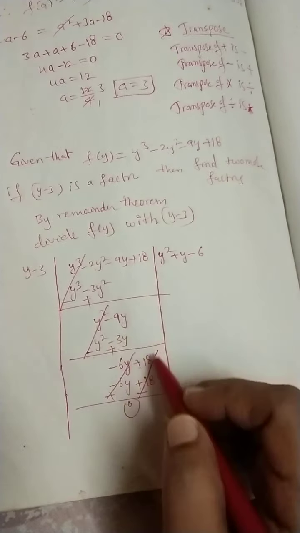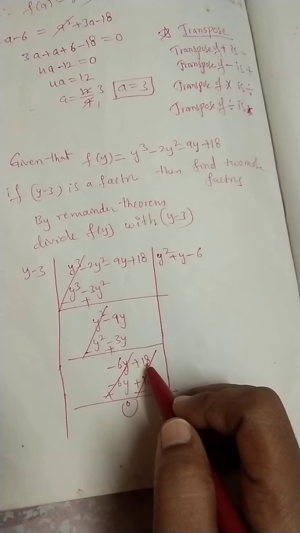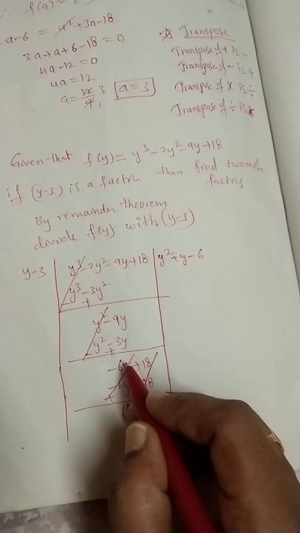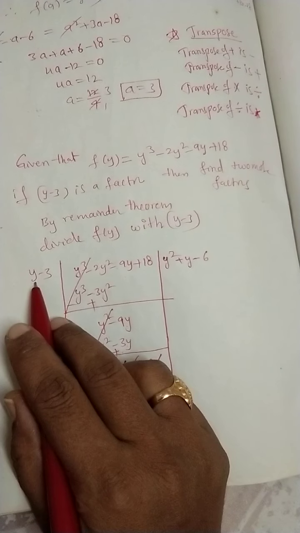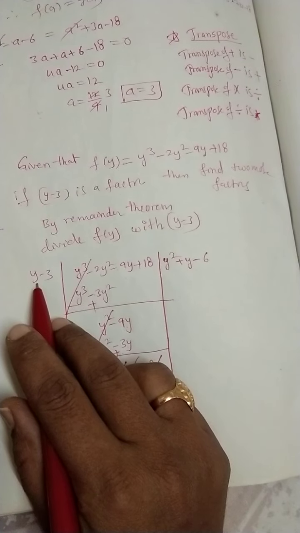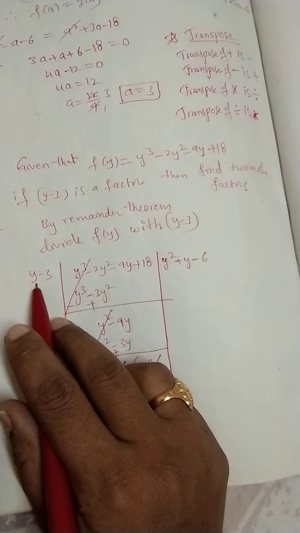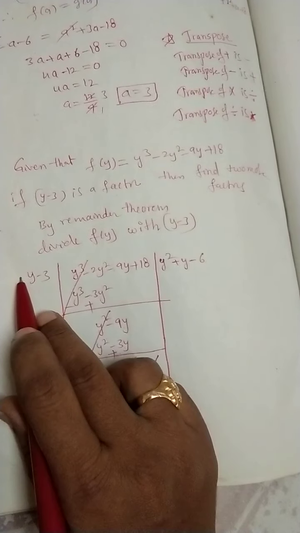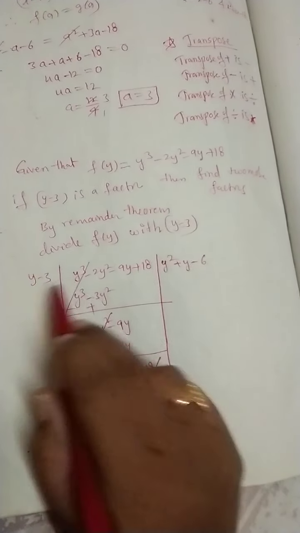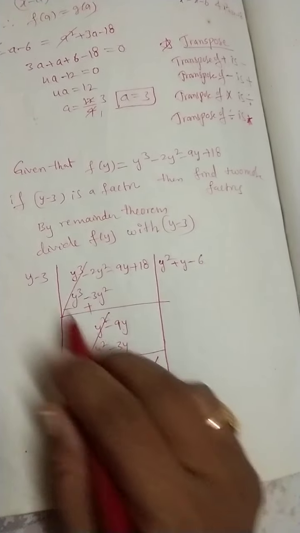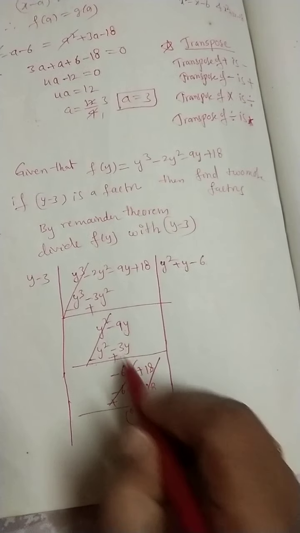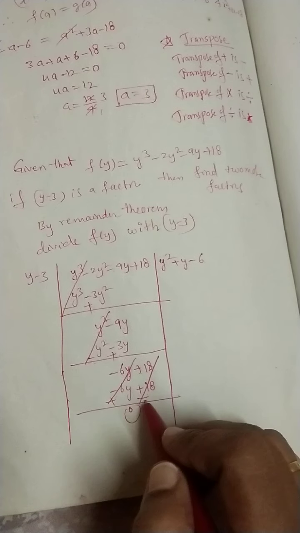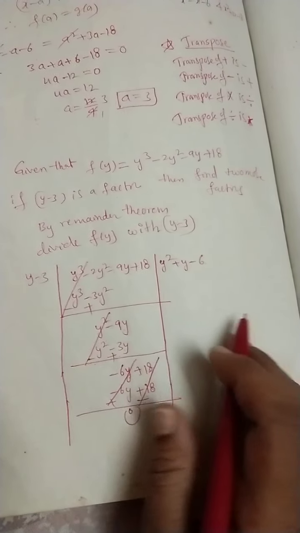Now you carry down the remaining term, that is 18. Now here you want 6y. How can you get it? For y you can multiply by 6, so you get 6y, right? So I took plus into minus, minus, y into 6 is 6y, and here minus into minus is plus, 3 sixes are 18. Now change the symbols and do the cancellation.